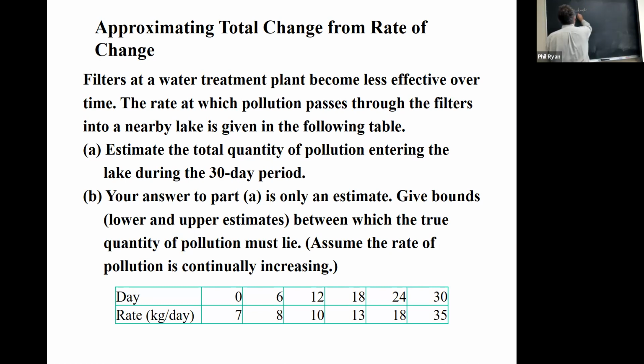It's going to be 6 times 7 plus 8 plus 10 plus 13 plus 18. And the overestimate is going to be 6 times 8 plus 10 plus 13 plus 18 plus 35.